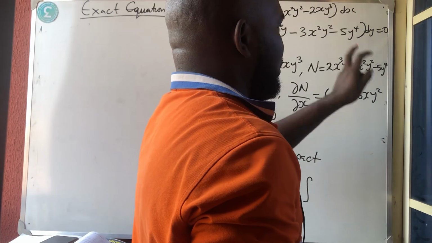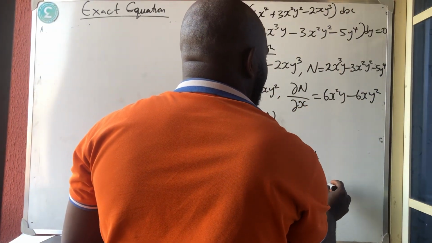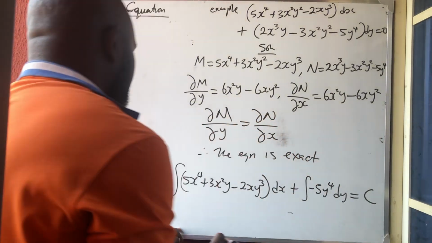This one has x, this one has x, so I'm having only minus 5y raised to the power 4 dy is equal to C.